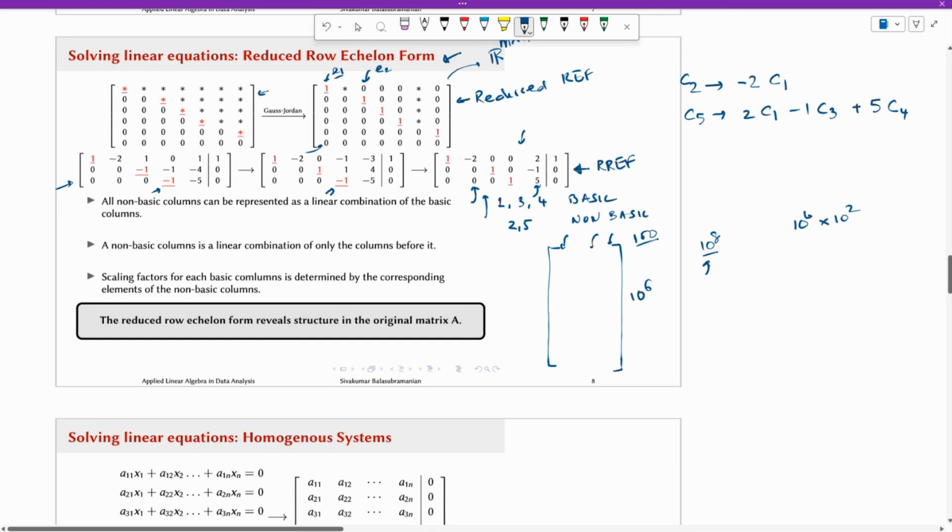I do the reduced row echelon form and I find that the rank of the matrix is 3. Now I ask you, if I have to store this matrix, ideally I should be storing all 10 power 8 elements. If I know the rank of the matrix is 3, is there a more efficient way I can store this matrix?